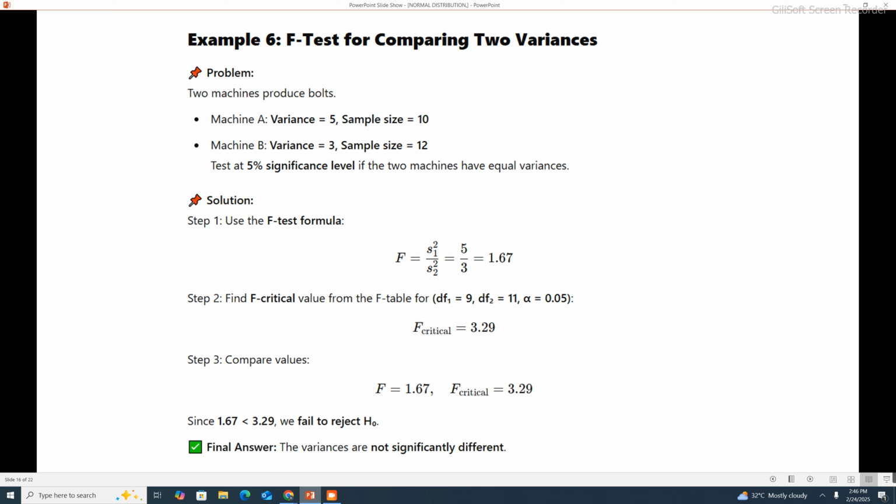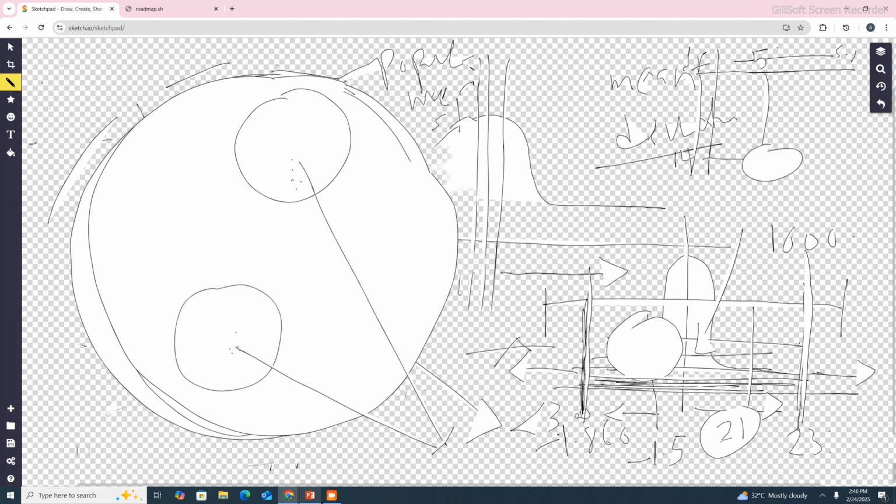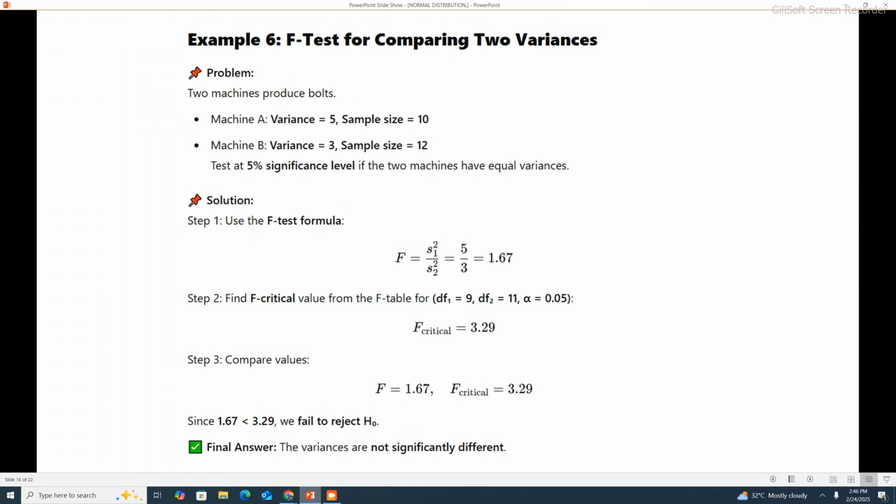Now the F value for the two degrees of freedom. You see the difference between the degrees of freedom for F and the other ones is that on the table for the F distribution, we have the first degree of freedom and the second degree of freedom. Let's look at our question here.